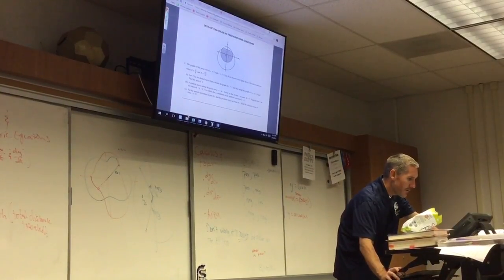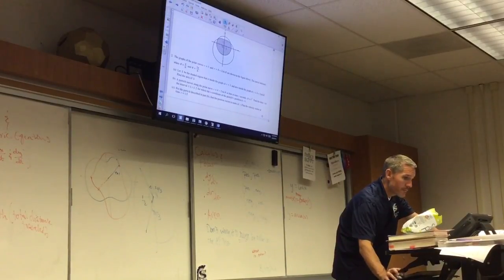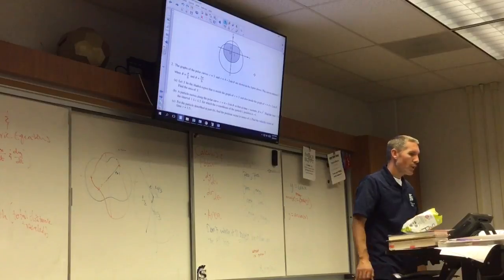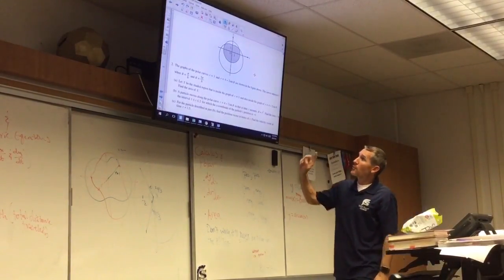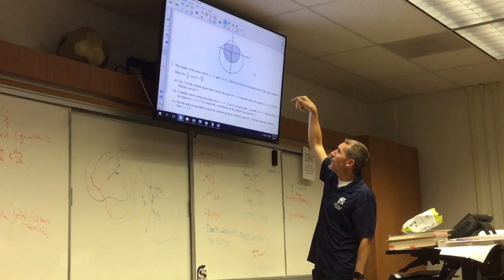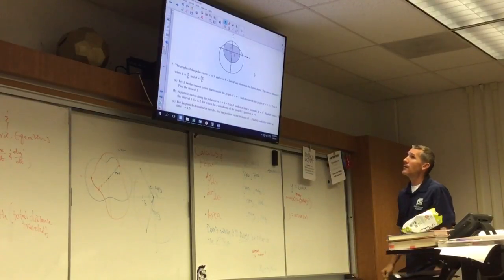Look at how nice they are. So the graphs, so we have a circle, and then we have this other thing. It's a cardioid.